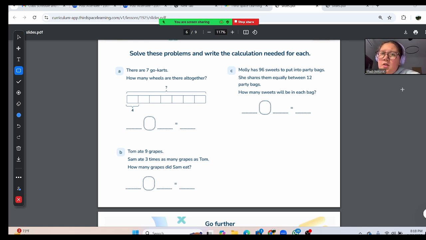It's 7 times 4. Exactly. Because there are seven and each one has four. So total would be seven times four, is 28. Very good. Next.